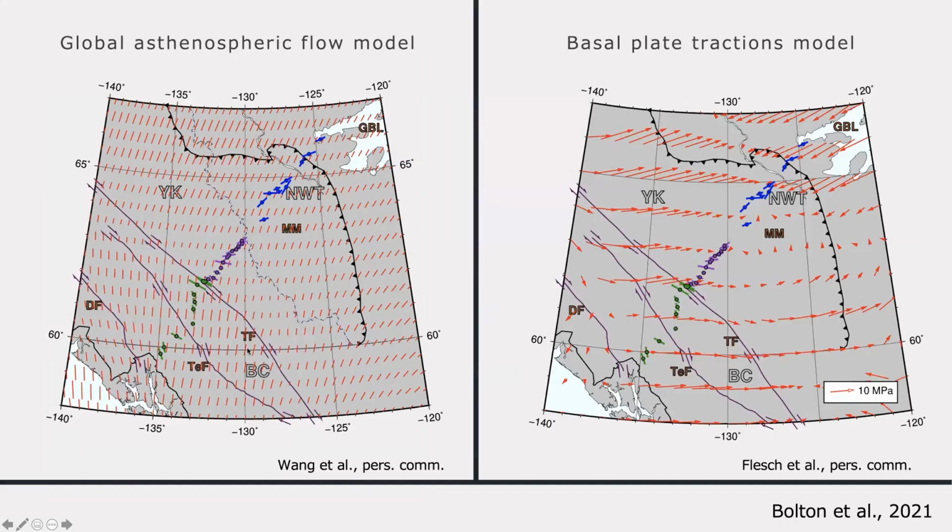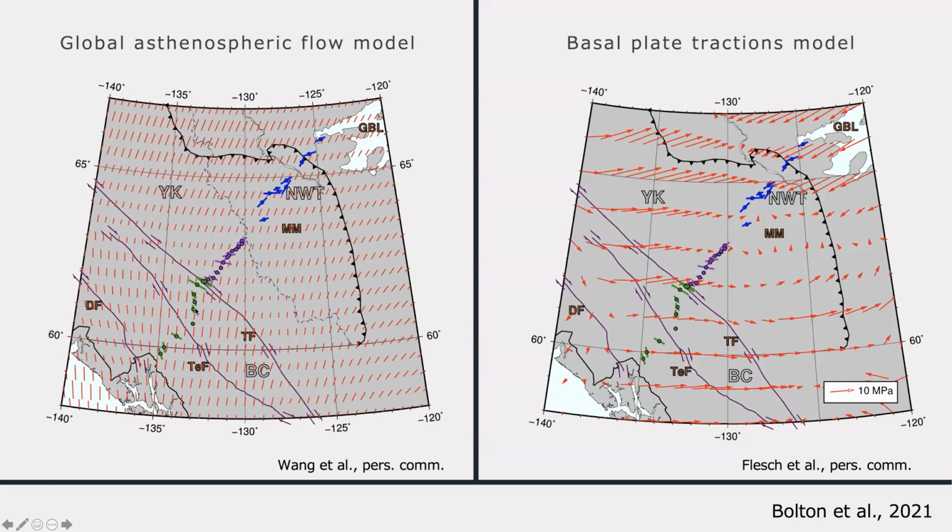So to figure out what's happening, we've used the global tomography of Wang et al. They take density variations inferred from global tomography, and they've created a global geodynamic model. The red lines show the inferred fast axis from the Christoffel matrix, averaged between 400 and 100 kilometers depth, so the area that we'd expect to see anisotropy in.